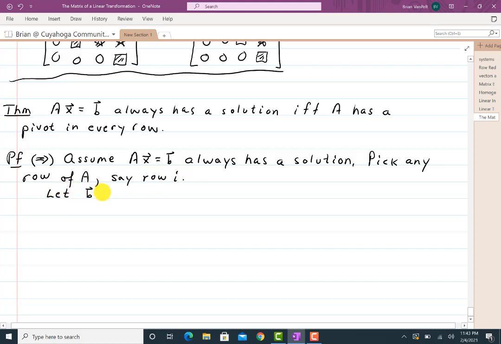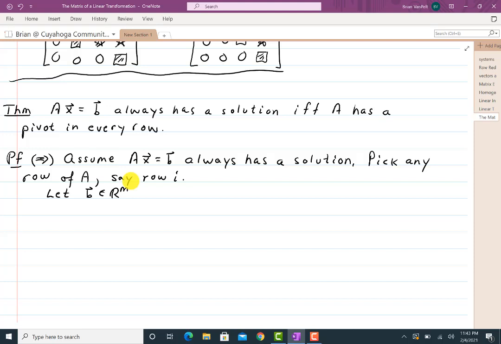Let B be in Rm. I didn't really say it, but A matches the linear transformation. So A is going to be an M by N matrix, just like linear transformations that go from Rn to Rm. So keep that in mind.